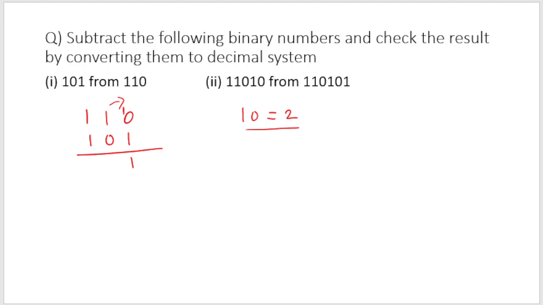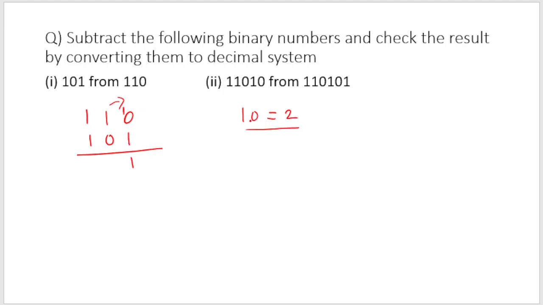Let me repeat the whole process so that you do not get confused. Some of you may argue why we are writing 0 minus 1 is equal to 1. The explanation is that if I borrow 1 from this column, we have a 0 here, and I will get 10.